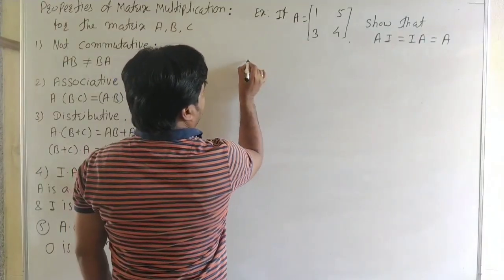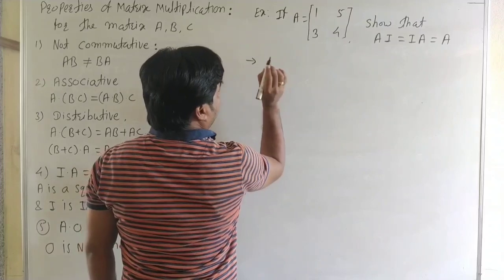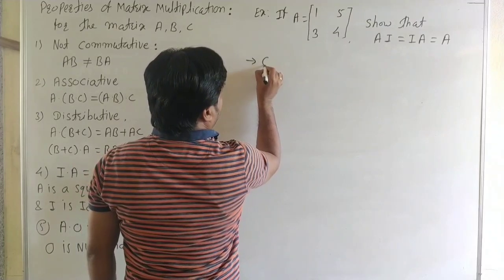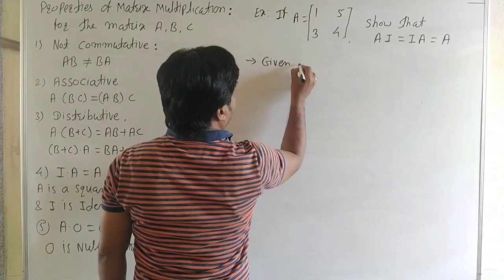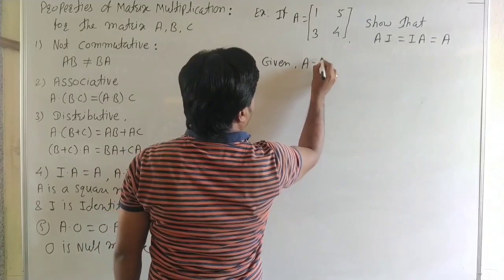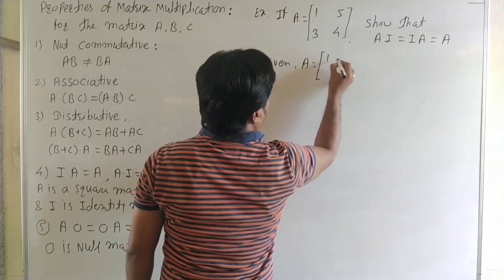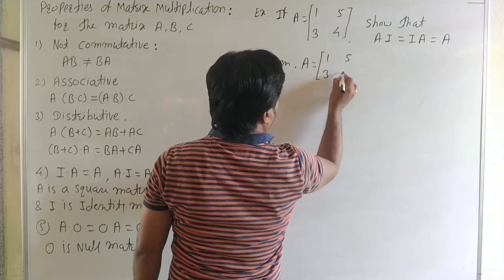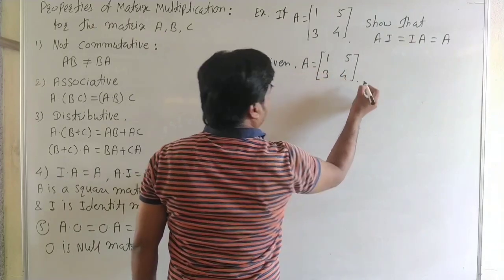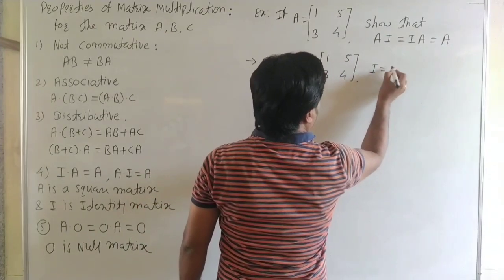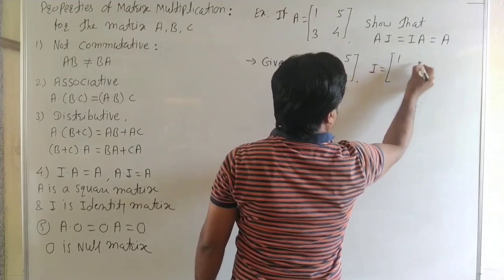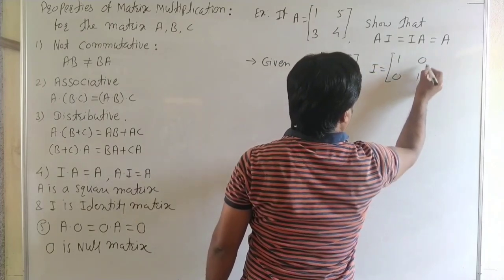Now see carefully, given it is a matrix 1, 5, 3, 4 and the identity matrix of the same order with A, 1, 0, 0, 1.